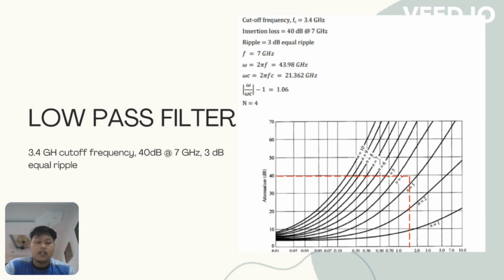For the low pass filter, we are using ADS and assign the cut off frequency, insertion loss, ripple frequency, bandwidth, and the bandwidth cut off. So we do a calculation for this part by using the equal ripple diagram.